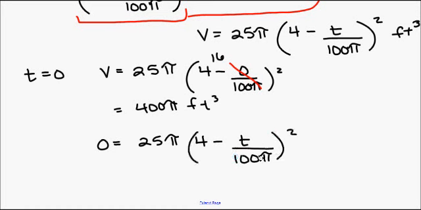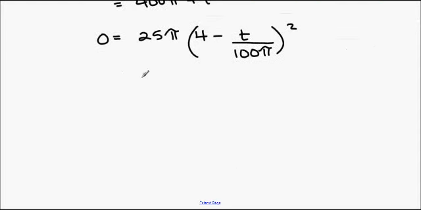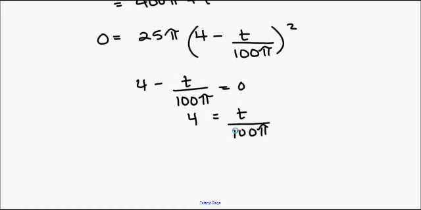Okay, and the tank will empty, so volume is 0. Well, the volume will equal 0 when this thing here is all equal to 0. So basically, 4 minus t over 100 pi is equal to 0 when 4 equals t over 100 pi. Multiply both sides by 100 pi.